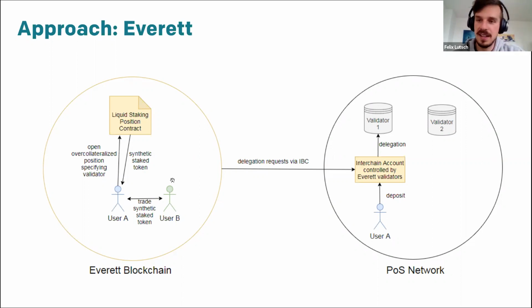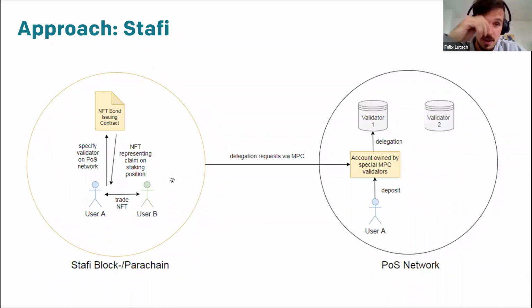Okay, then I guess we can move on to another interesting design, Stuffy, which didn't present, but it's very different from other designs because it makes use of multi-party computation cryptography. Similar to the interchain accounts, some account on the proof of stake blockchain is owned by special validators on the Stuffy blockchain, which all hold share keys of these specific accounts.